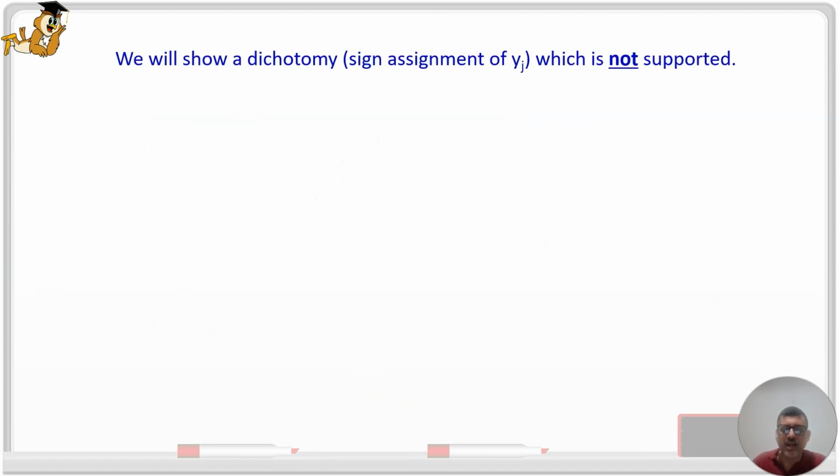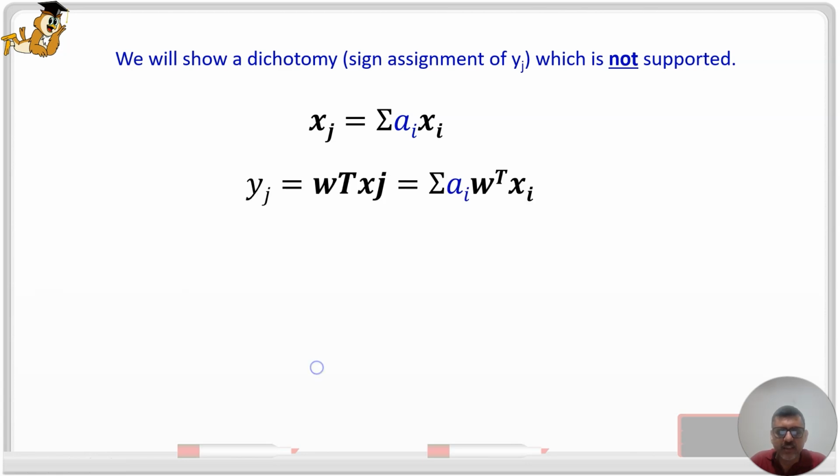What does that mean? I will now give you a labeling, or a dichotomy, a sign assignment of yj, which cannot be supported. If xj is a linear combination of the other xi's, I can write yj equal to w transpose xj, right? My jth output is w transpose xj.